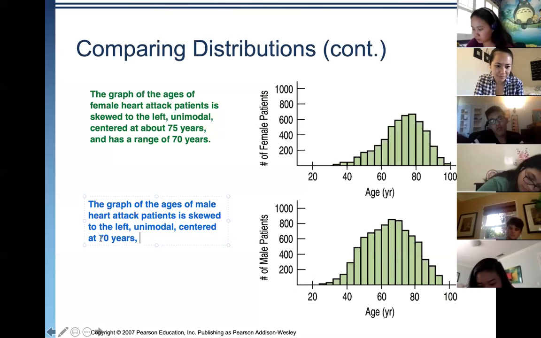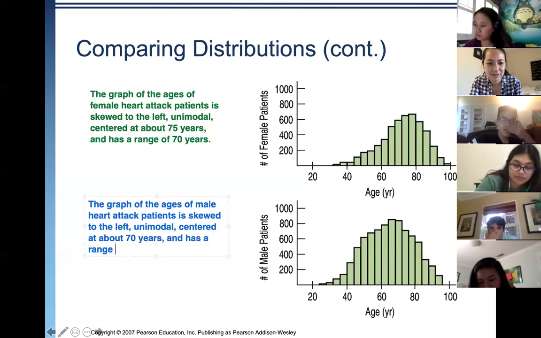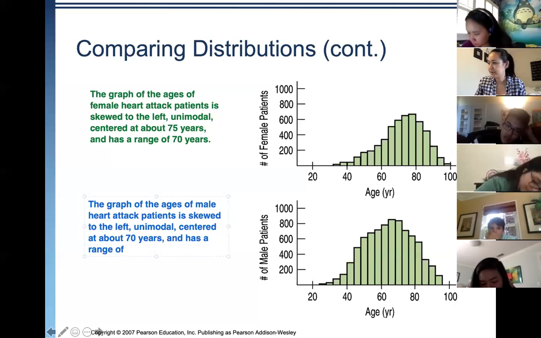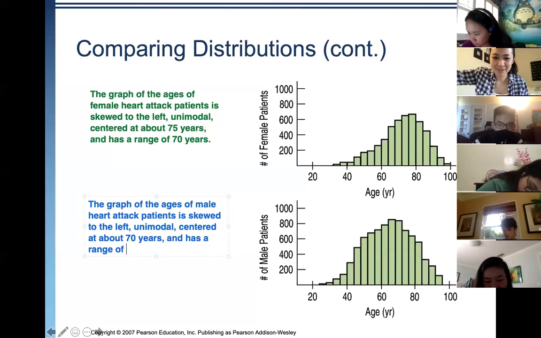And I wasn't sure how to do the range. All right, for range, you just take the maximum value and the minimum value and find the difference. Is the maximum 95? Yeah, about 95. The range goes from 95 minus 25, so 70.